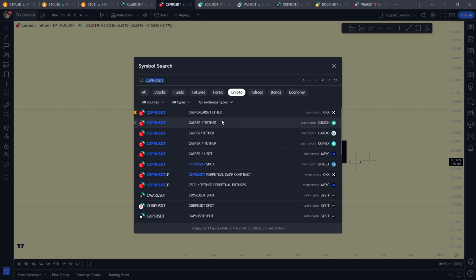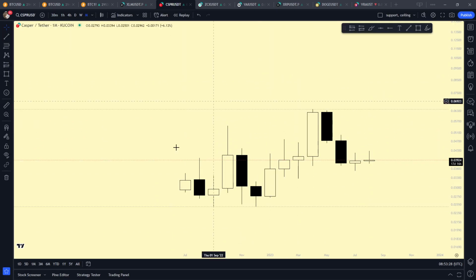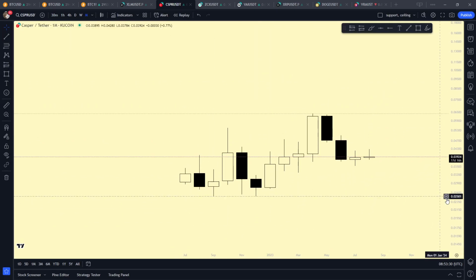This way, there can be quite different levels of support and resistance, or the wicks can be longer on one support or something on one exchange than the other. So always watch out for that. I use the Qcoin Casper USDT chart here.